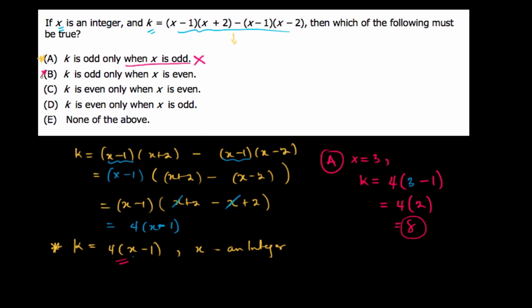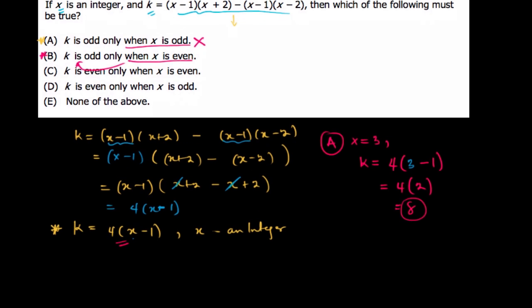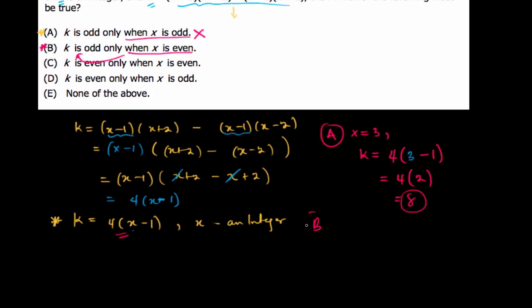So let's go to the next one. It says k is odd only when x is even. So this is going to be b. Let's choose our x to be an even number. So let's say x equals 2, and then we'll see what we obtain for our k.